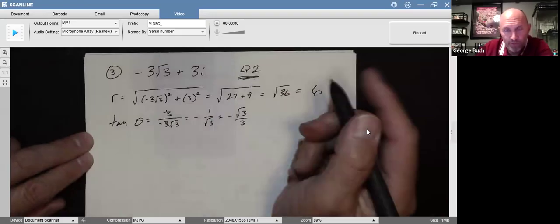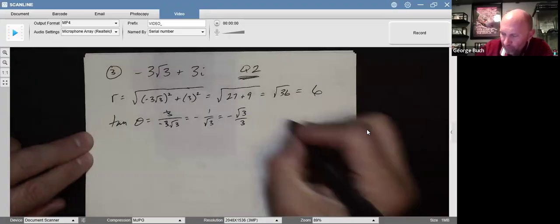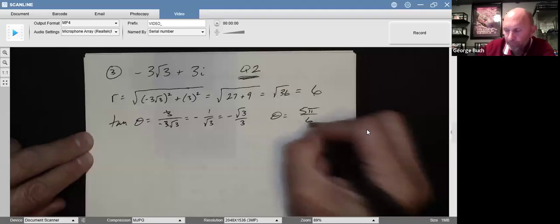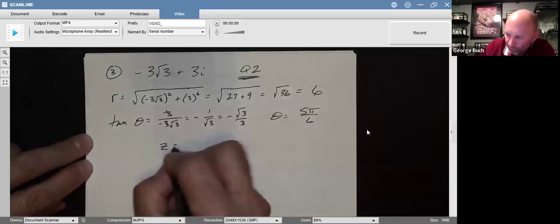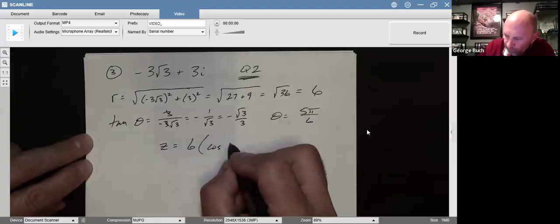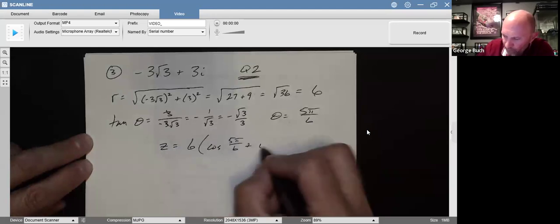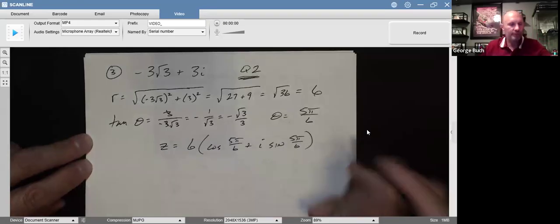So what value of theta in quadrant 2 has 6 in the denominator? That's theta is 5 pi over 6. So this complex number written in polar form is 6 times cosine of 5 pi over 6 plus i sine of 5 pi over 6.